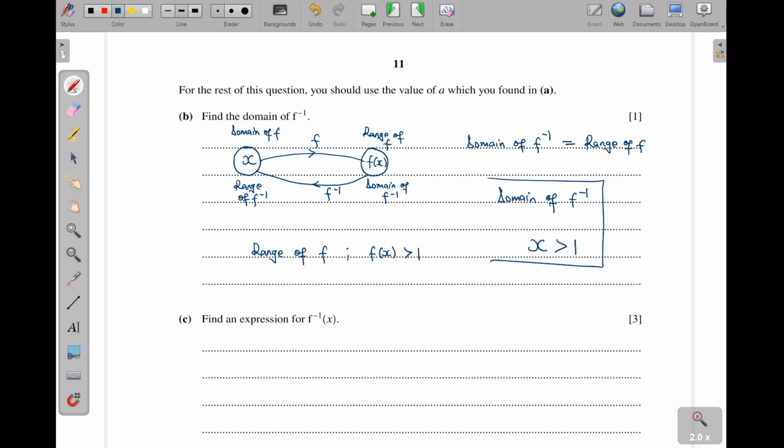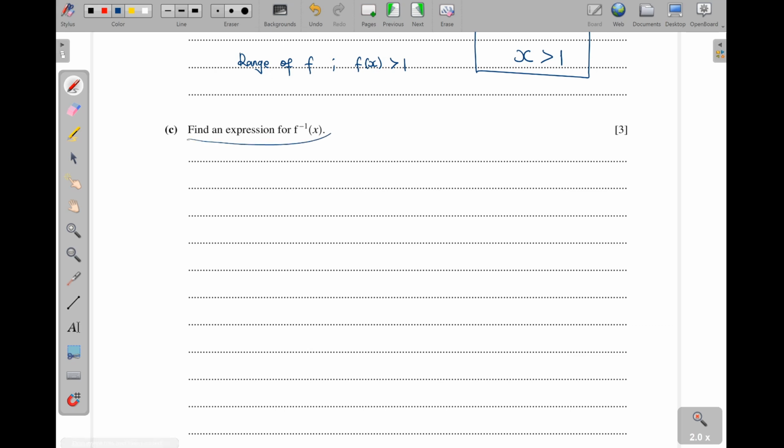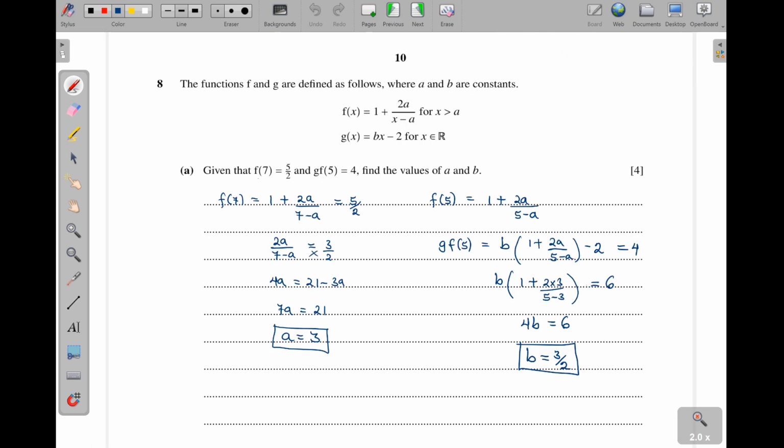That is that. Then part C, find an expression for the inverse. So if the inverse of the function is equal to y, I can take this f this other side. That means I will have x which is equal to f of y. It is the same thing as saying interchanging x and y. Now when you go back here, where there is x, I'm going to put y, right? So we shall have 1, then plus.